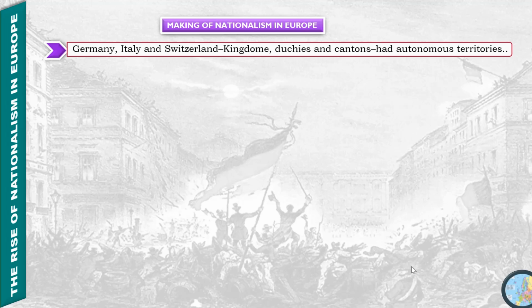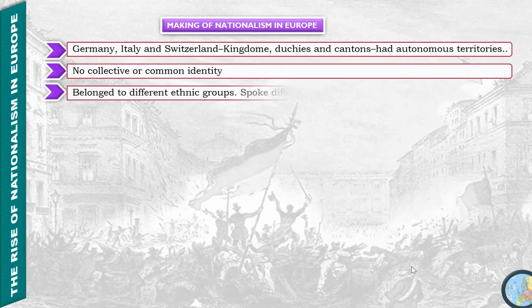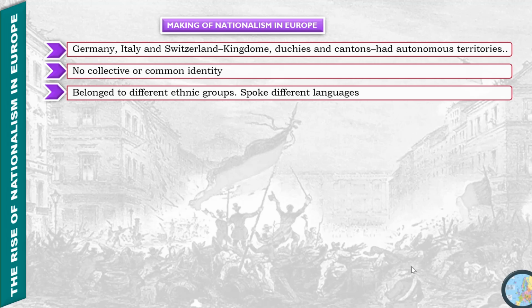Eastern and Central Europe were under autocratic monarchies within the territories of which lived diverse peoples. They did not see themselves as sharing a collective identity or a common culture. Often they even spoke different languages and belonged to different ethnic groups.